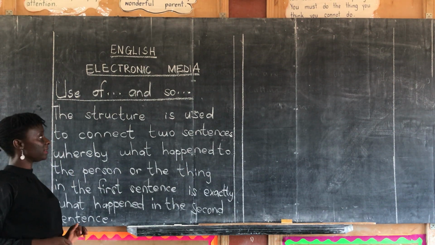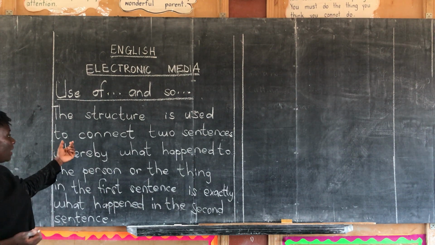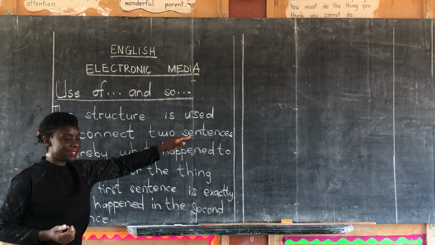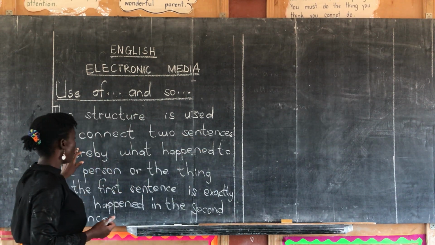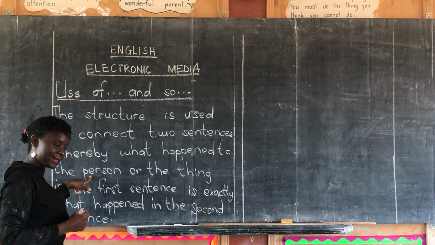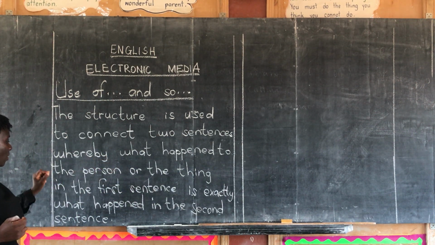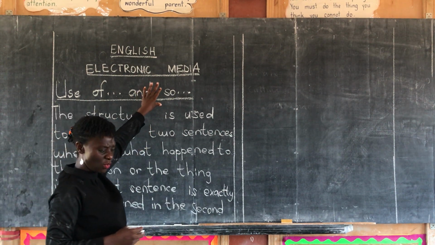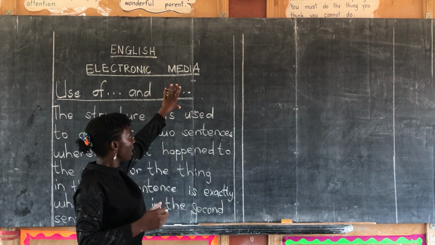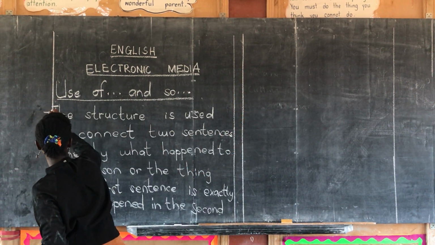What are we saying, candidates? We are saying that "and so" is used to connect two sentences, whereby what happened to the person or the thing in the first sentence is exactly what happened in the second sentence. Why do we use "and so" in such a situation? Let me put this as a point.